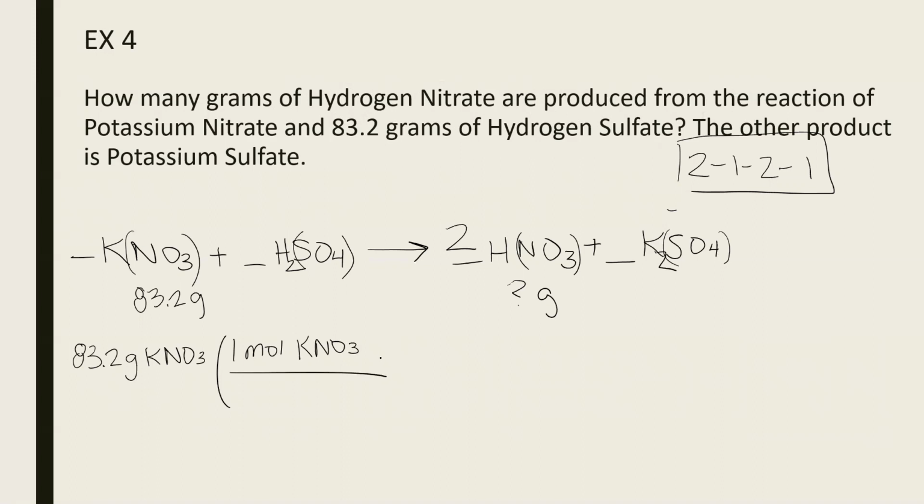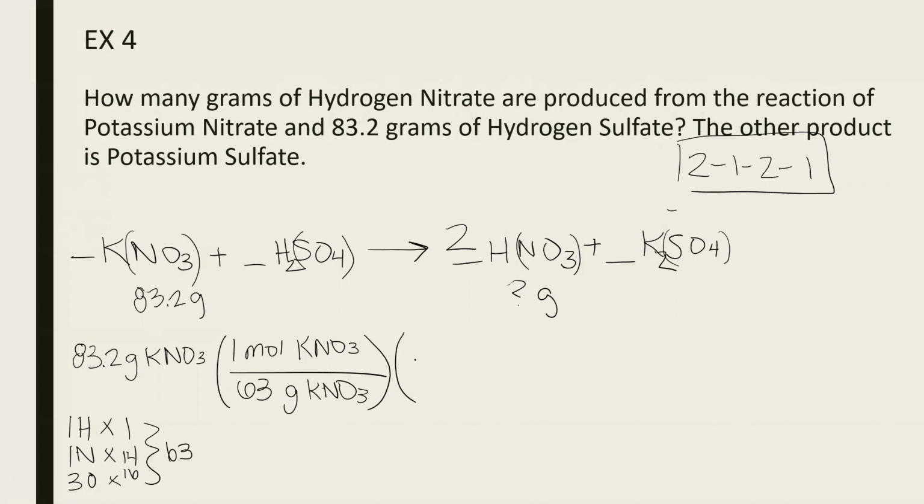The molar mass of potassium nitrate. Let me look at my notes. Okay, you have one H, one N, and 3 O's. Altogether, you should get about 63 for your molar mass.